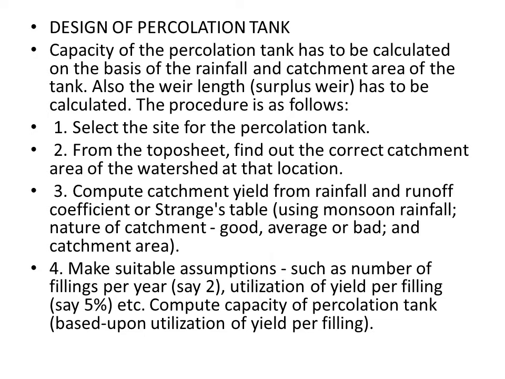So for the second filling, we have to consider the utilization of the yield in the first storage also. So your capacity has to be based on utilization of yield per filling as well. Compute the capacity of the percolation tank based on these factors.